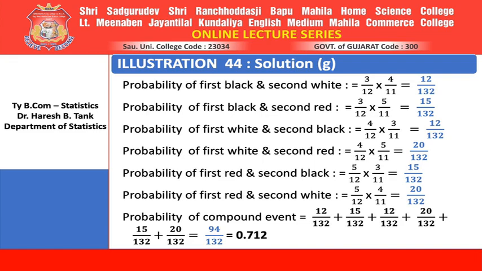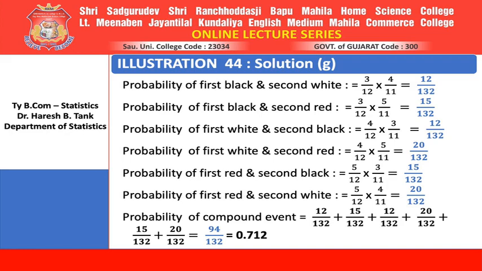First is white, second is red: 4 by 12 multiplied by 5 by 11 comes to 20 upon 132. First is red, second is black: 5 by 12 multiplied by 3 upon 11, which is 15 upon 132. Probability of first is red, second is white: 5 by 12 multiplied by 4 by 11 comes to 20 upon 132.